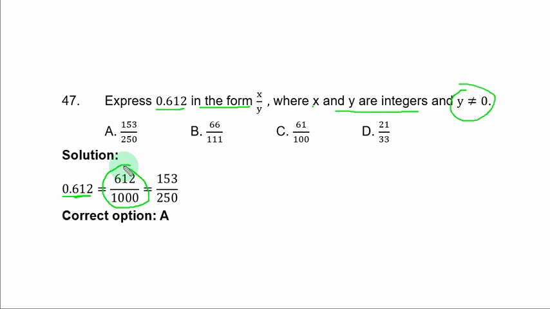If you reduce by dividing by 4, you have 153 over 250. So it's now in the form of x over y, and you have A as the correct option.